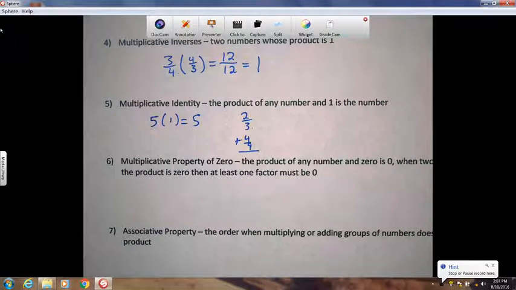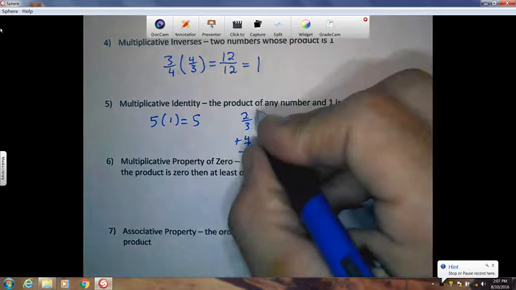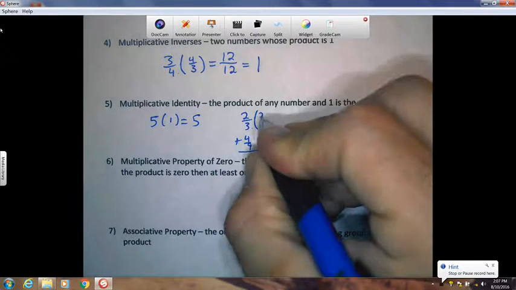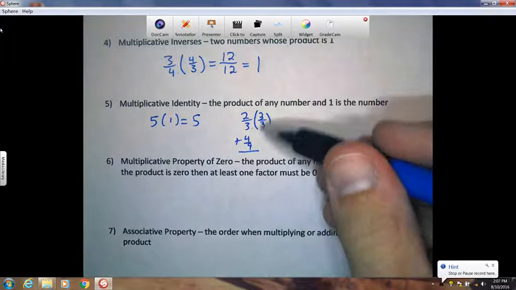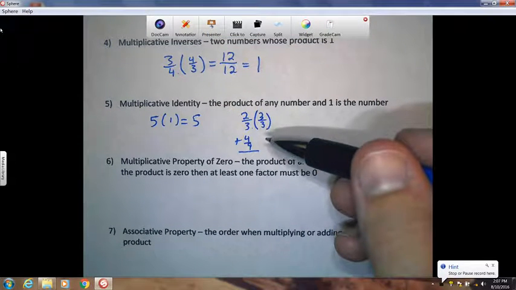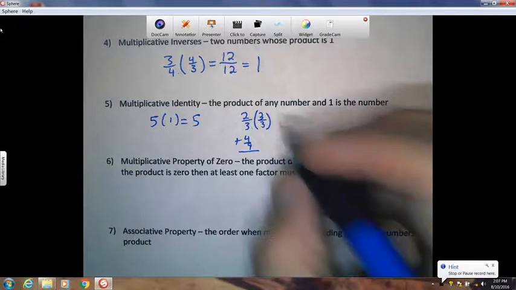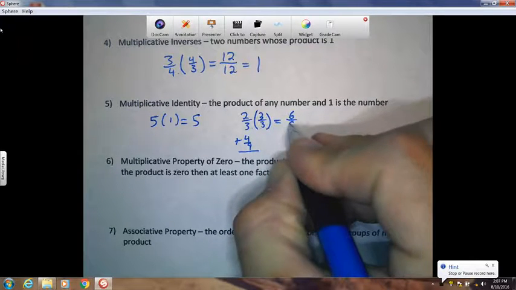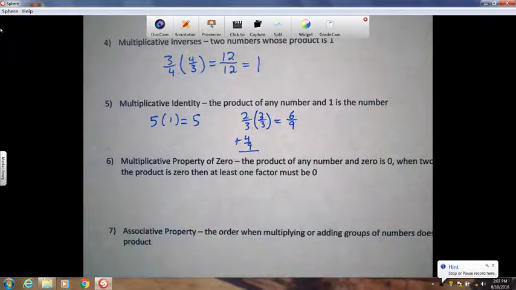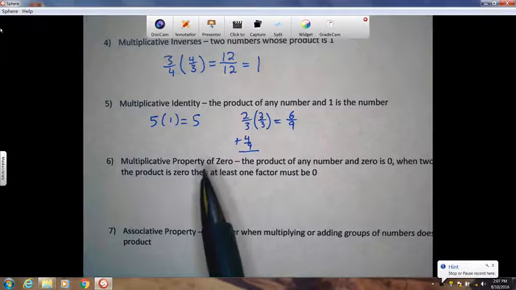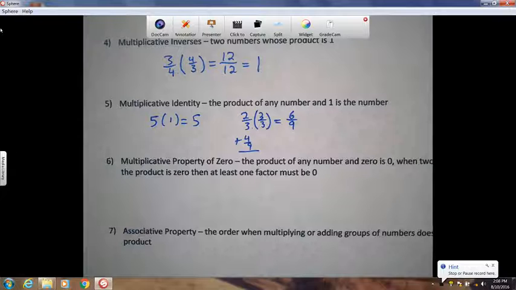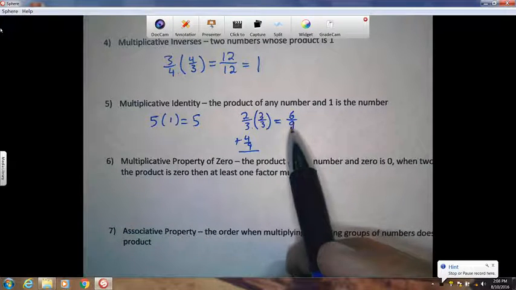So I'm going to multiply 2/3 by 3 over 3. 3 over 3 is just another way of saying 1. 3 divided by 3 is 1. But I use that to change 2/3 into a form that I can work with. So it doesn't change the value. It just changes it to a form that I can work with.